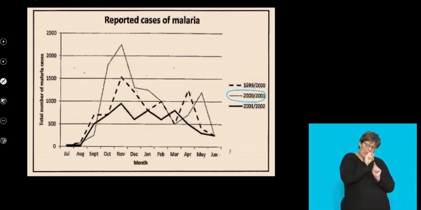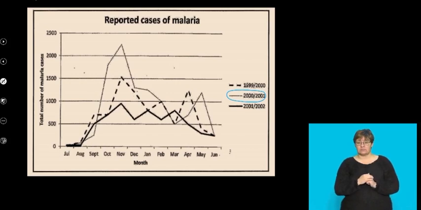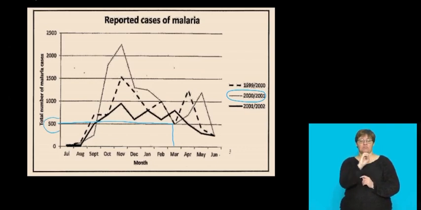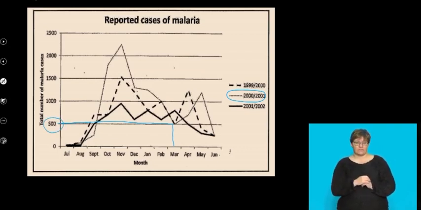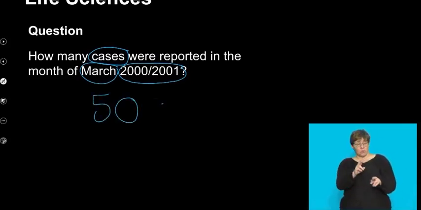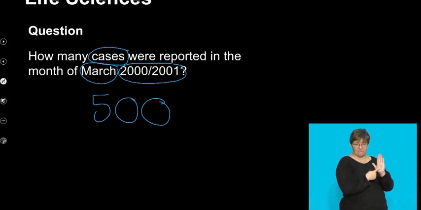We're going to the month of March, and we go up the line, and then we go across to the other line because it wants to know the number of cases. So we read up to the dotted line over there, and then we go to the y-axis, and there we get the total of 500 cases. So if we look at how many cases were reported, it was 500. Read from your graph. It was backwards this time.